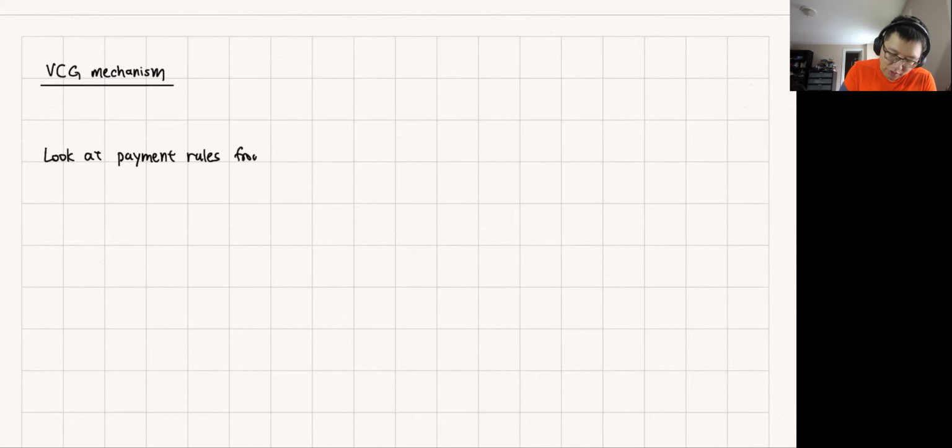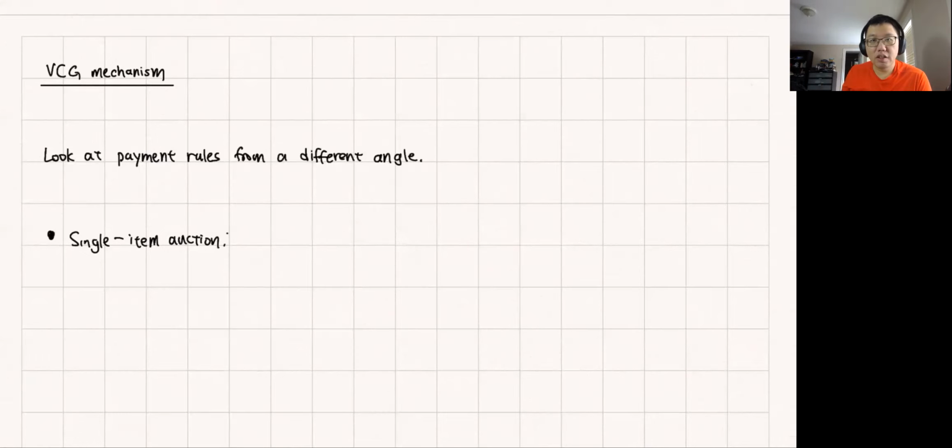So we will be looking at payment rules from a different angle. Let's look at the two examples we have from class, the single item auction and the sponsored search auction. Let's look at the single item auction first.